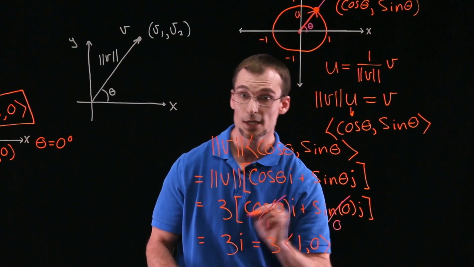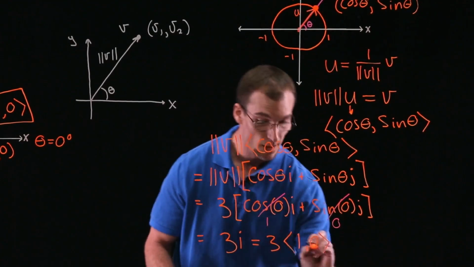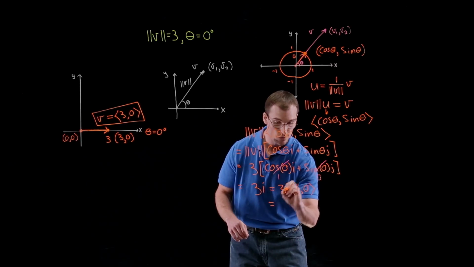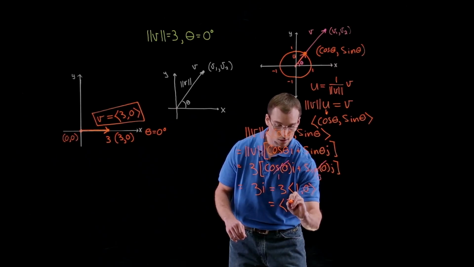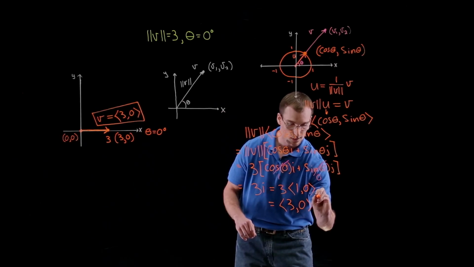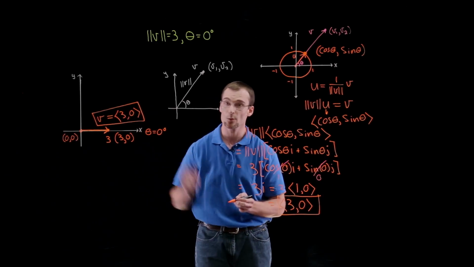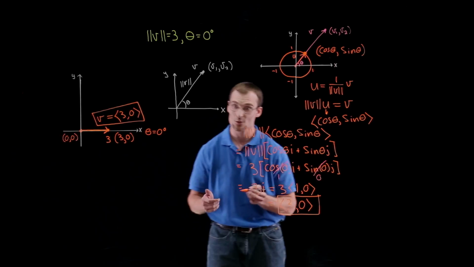Taking a scalar times a component vector, we just multiply each component by that scalar. So this is equal to 3 times the component 1, which is 3, and 3 times the component 0, which is 0. As we see, we get the component vector 3, 0, which is exactly what we got over here in part 1. So thank you very much.